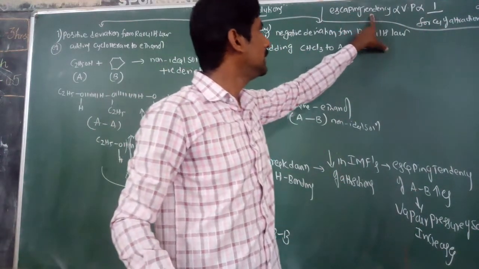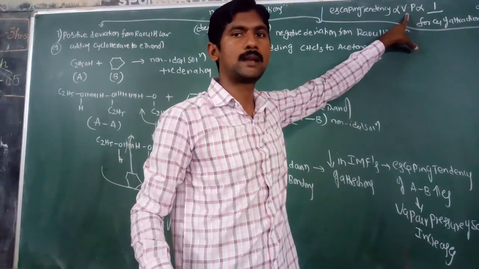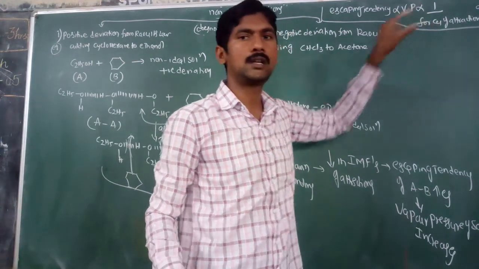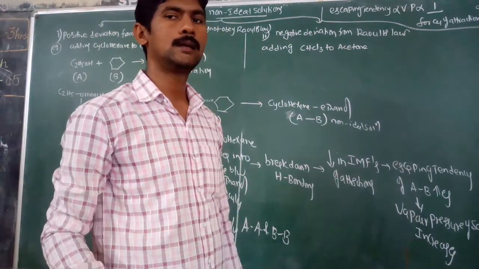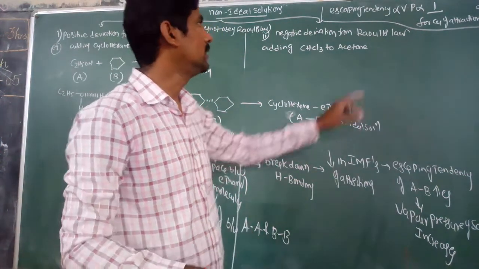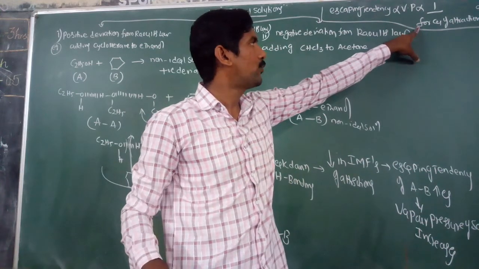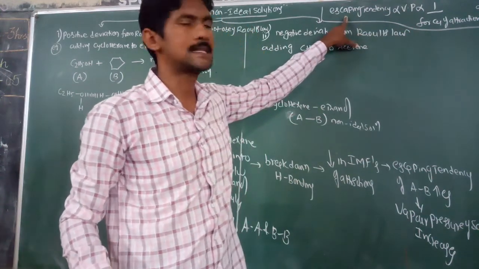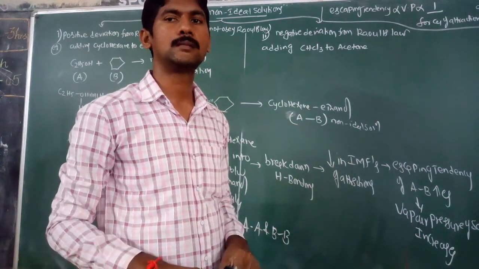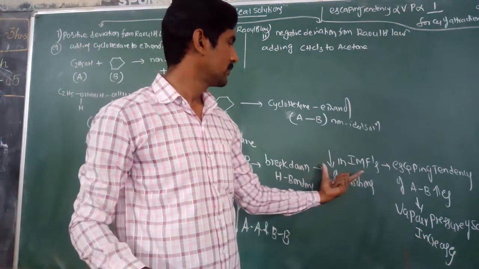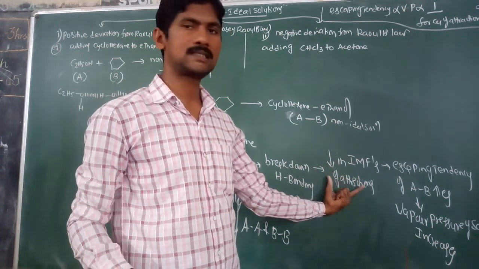If greater will be the forces of attraction, lesser will be the escaping tendency, lower will be the vapor pressure of solution. But here there is a decrease in forces of attraction.